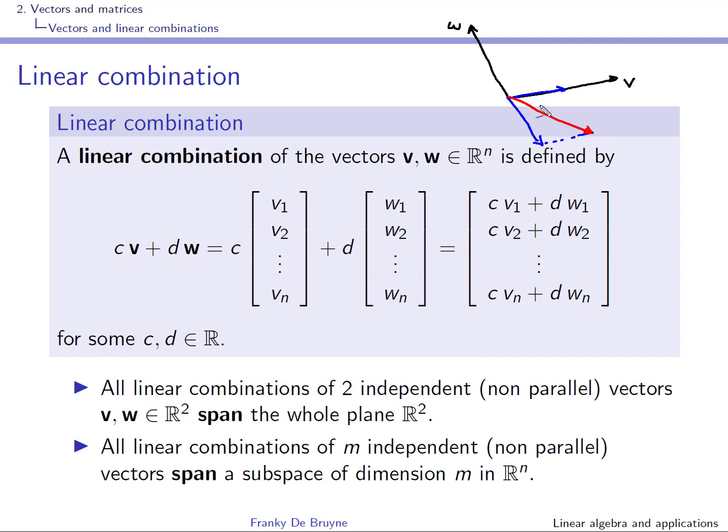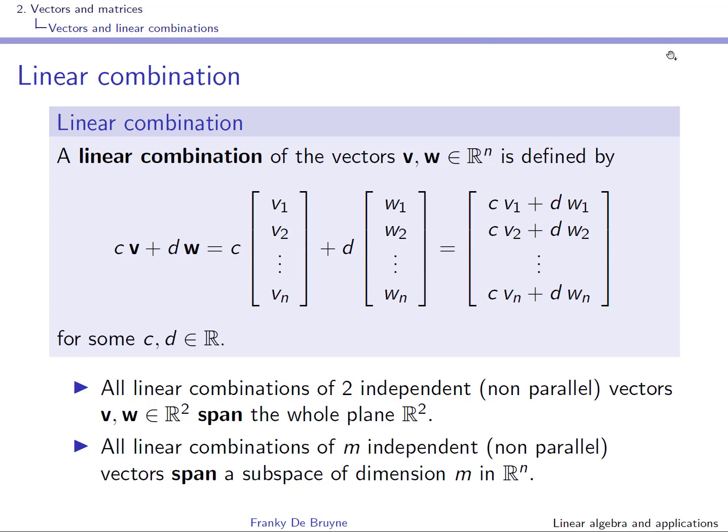So here I have used c equal to a half, and d equal to minus 0.5. If I do this for all real numbers c and d, I can generate any vector in R square. So I'm generating the whole plane.